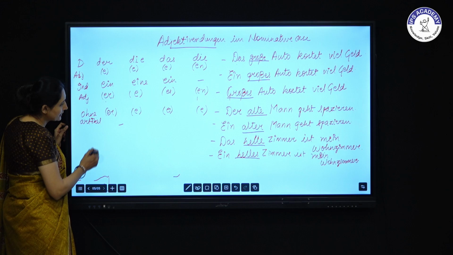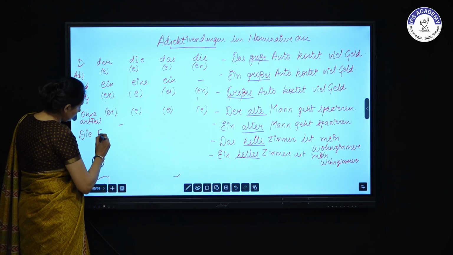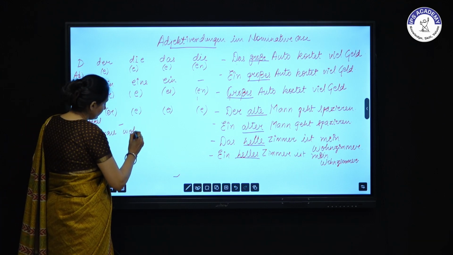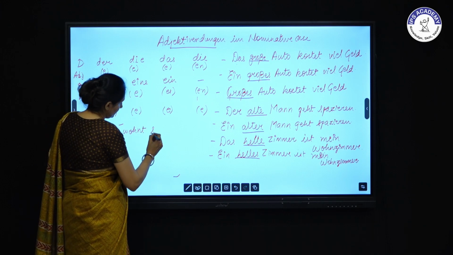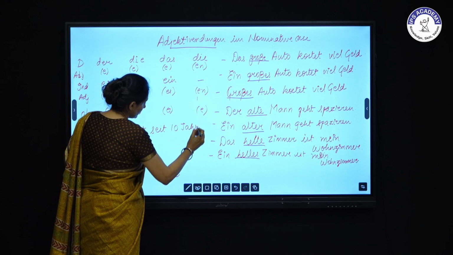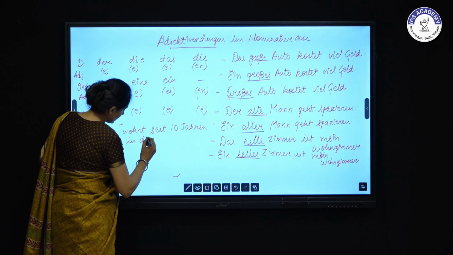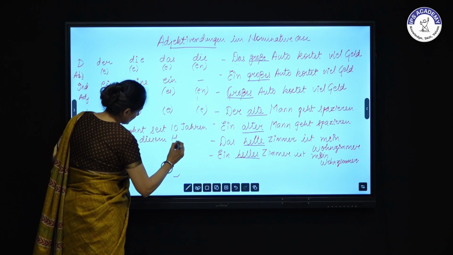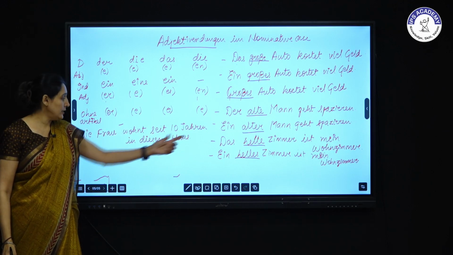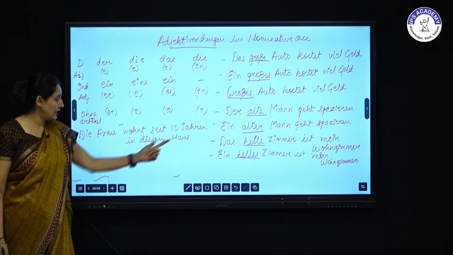For example, if I say: Die Frau wohnt seit 10 Jahren in diesem Haus. The woman has lived in this house for 10 years.